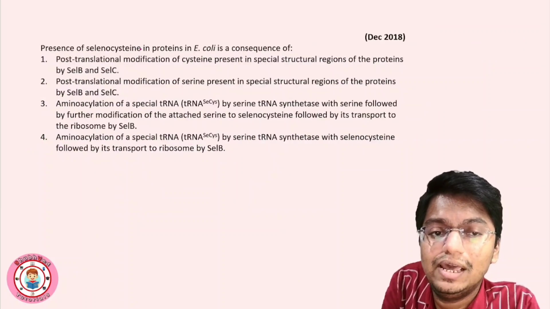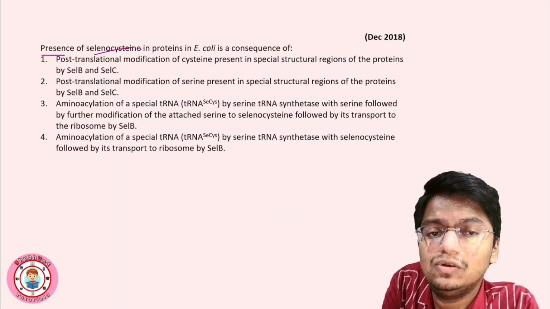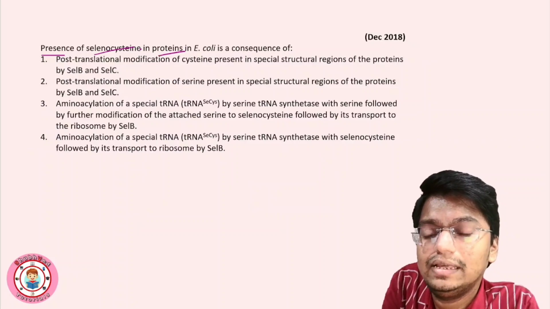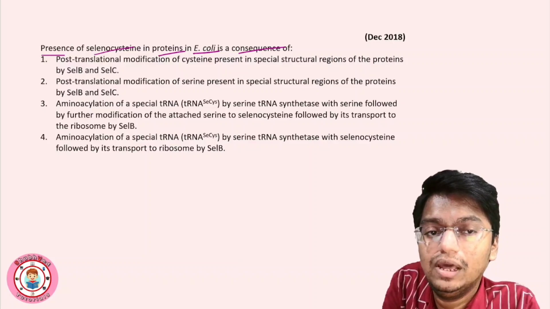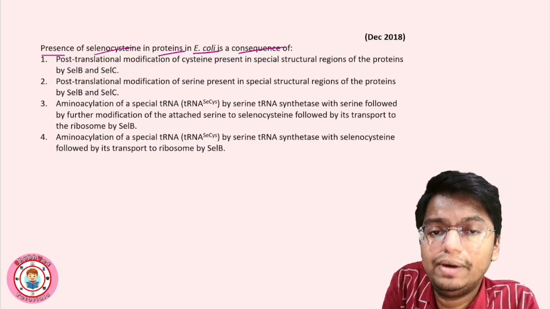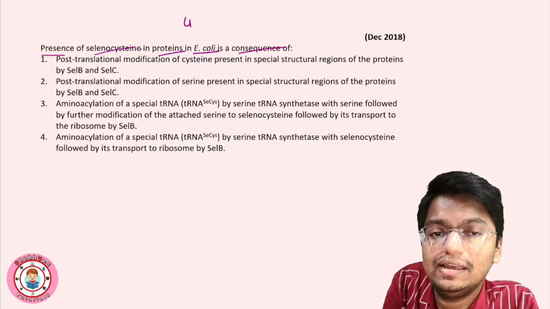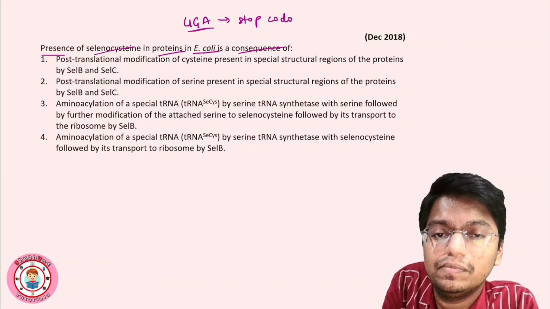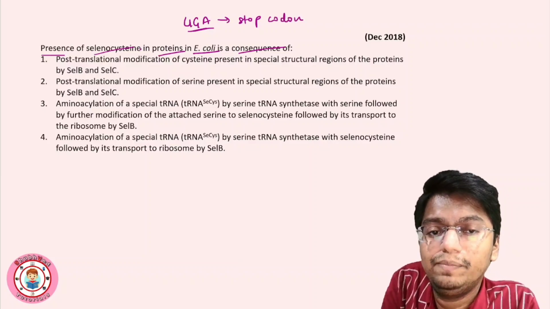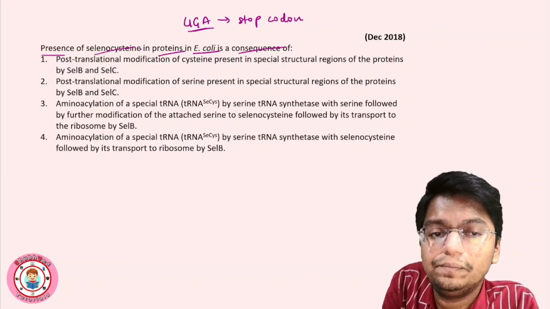Next one, presence of selenocysteine in protein in E. coli is a consequence of... Selenocysteine is coded by the UGA codon, which is a stop codon also, right? Now what is the case here?